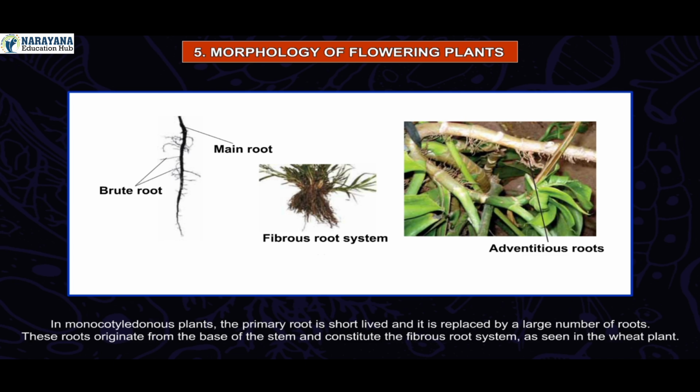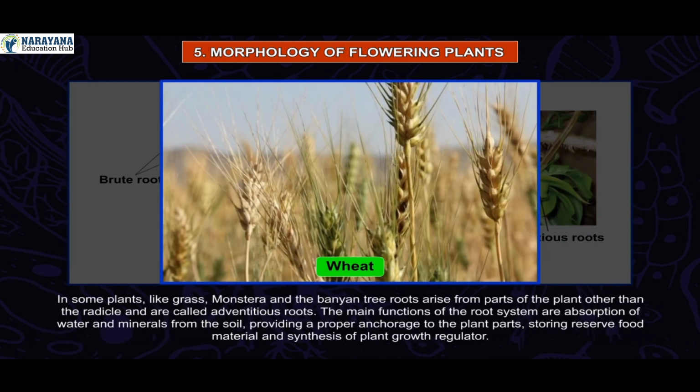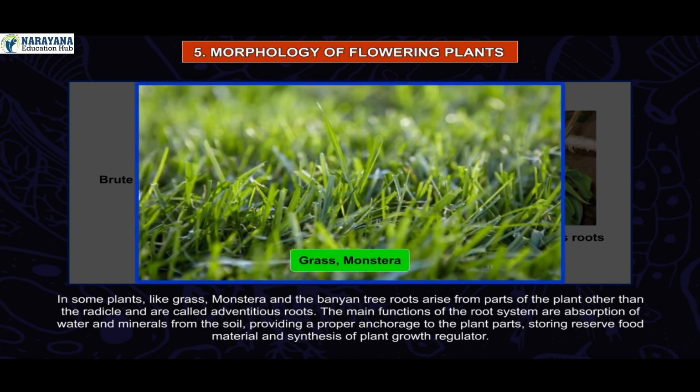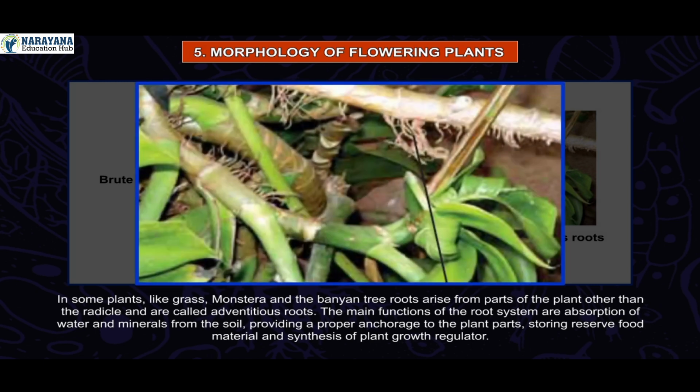These roots originate from the base of the stem and constitute the fibrous root system, as seen in the wheat plant. In some plants, like grass, monstera, and the banyan tree, roots arise from parts of the plant other than the radicle and are called adventitious roots.